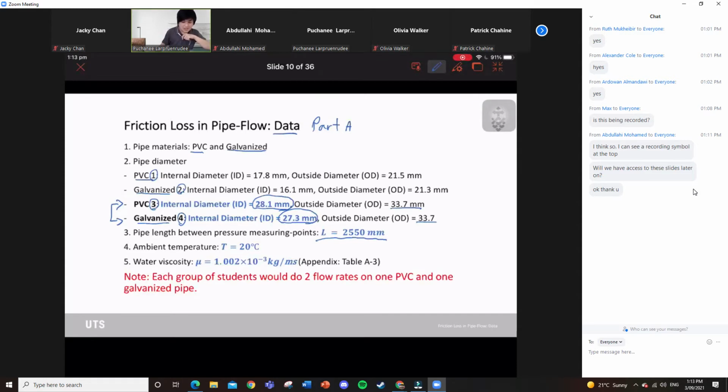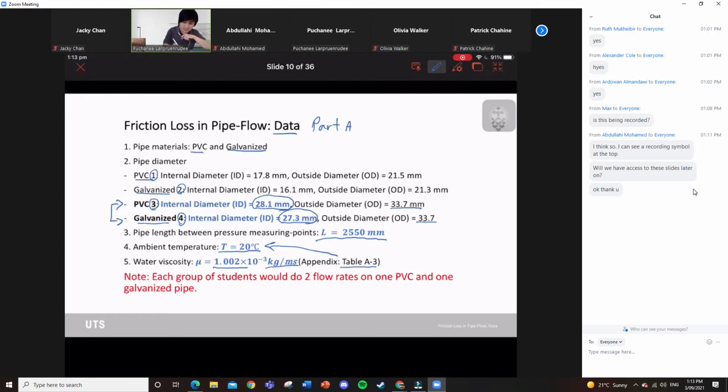And the ambient temperature, you can use 20 degrees directly. Water viscosity is 1.002 times 10 negative 3 kilogram per meter second. You can find this from table A3 based on the water temperature, that is 20 degrees Celsius.